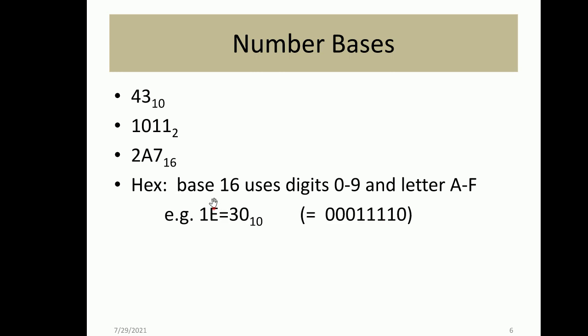So I'm giving the game away a little bit here. The hexadecimal number consisting of two hex digits, I'm claiming, is equivalent to 30. Well, you could rewrite 1 as the binary number 0001, and you write E as the binary number 1110.